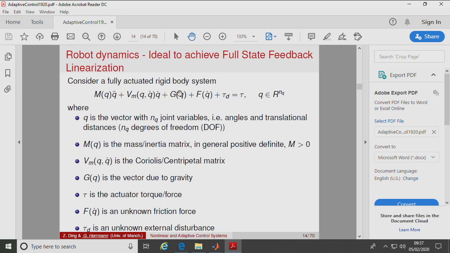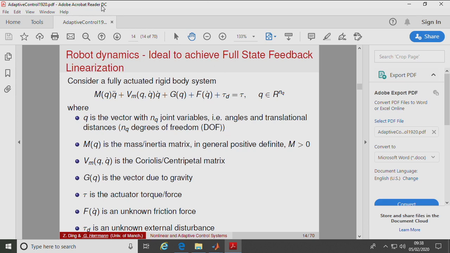So for instance, if you have a pendulum, then the pendulum has the greatest gravity effect when I have my arm in the horizontal. So from that point of view, we want to be able to compensate for these nonlinearities, while at the same time we want to introduce some form of linear closed loop behavior.